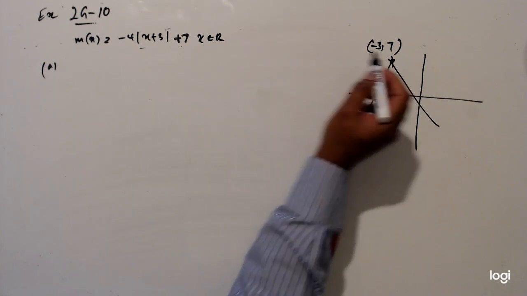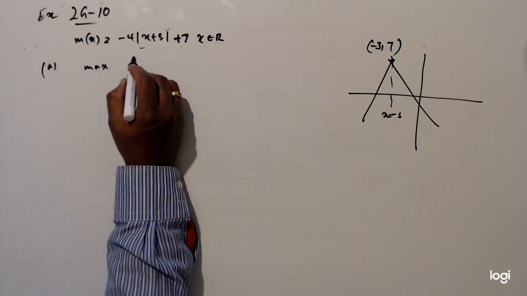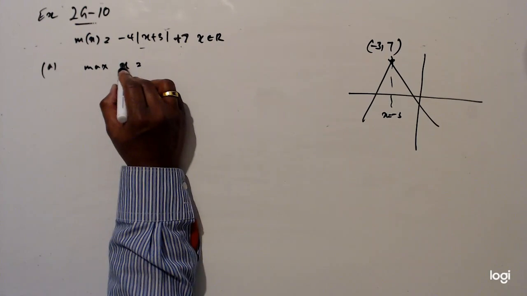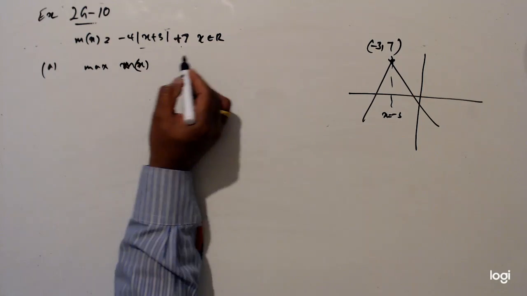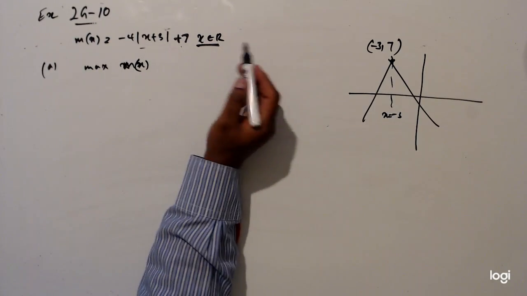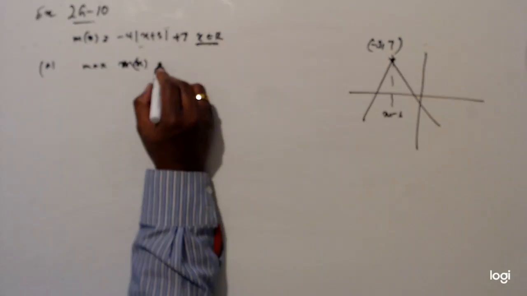So then for the maximum of m(x), we have to look at the range. The range is 7 for the whole number line.